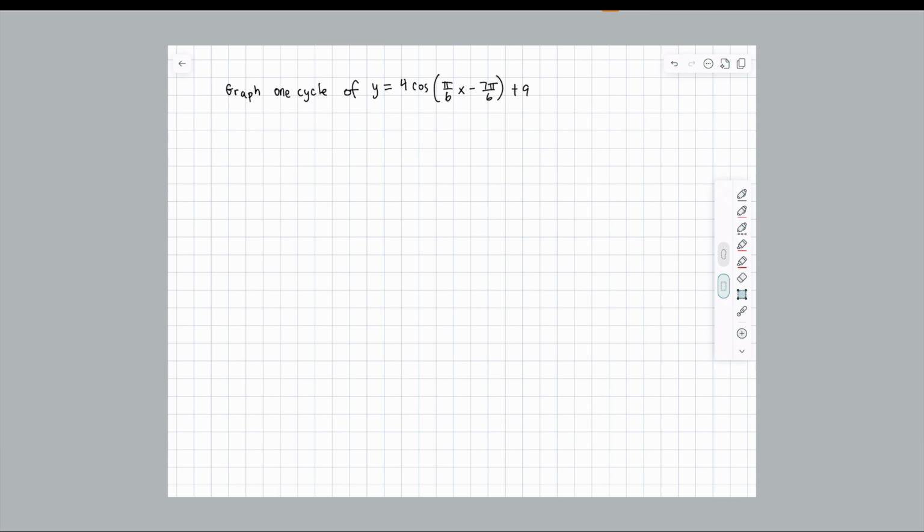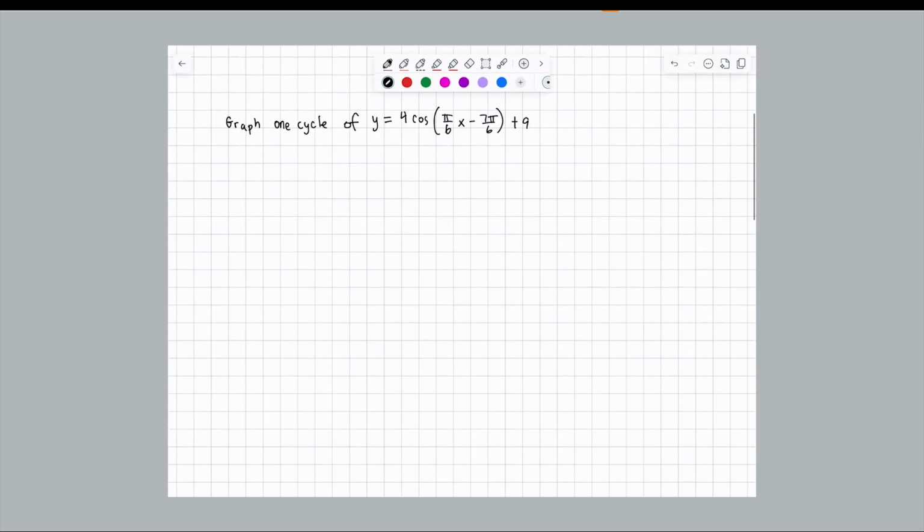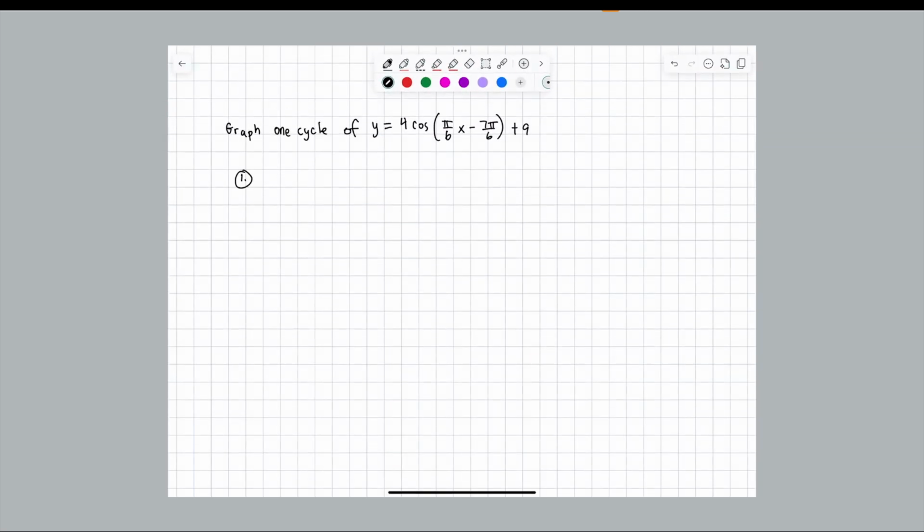To do this, first we notice that our function is of the form y equals a cosine bx plus or minus c plus d, where we see that a is equal to 4, b is equal to pi over 6, c is equal to 7 pi over 6, and d is equal to 9.